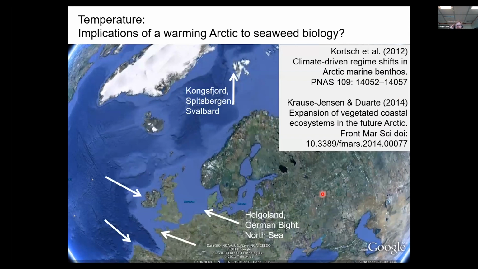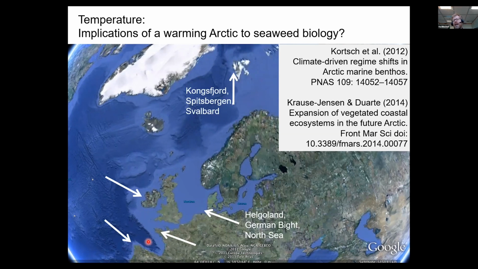Coming back to temperature, this is basically what Jan Marcin has also talked about, that the flora and fauna on Svalbard is basically just a subsample of the North Atlantic flora. Most of the seaweed species we find at Kongsfjorden in Svalbard are also growing along the Norwegian coast, along the Irish coast, in France, in Brittany, and maybe even down to northern Spain.